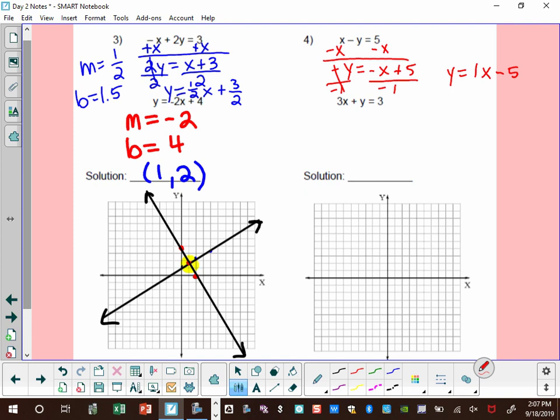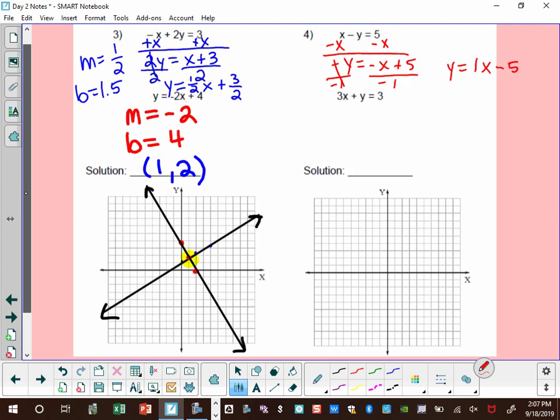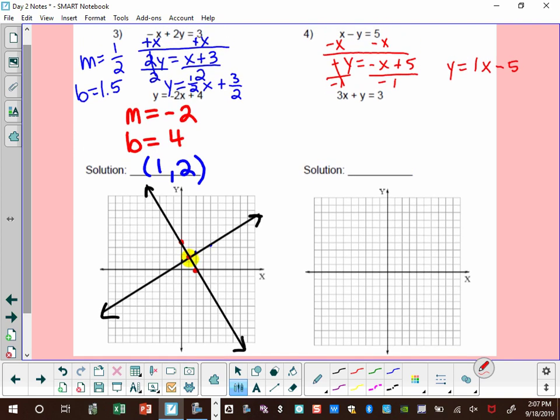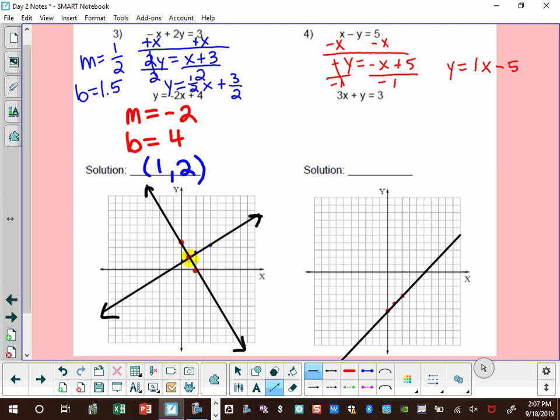So my y-intercept is -5, and going up 1 over 1. Up 1 over 1. Did you guys get this line? Anybody out there? Okay.